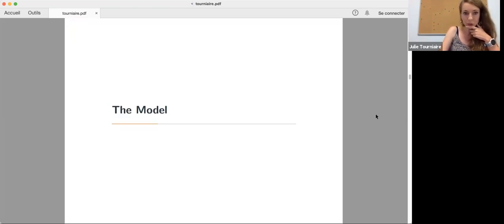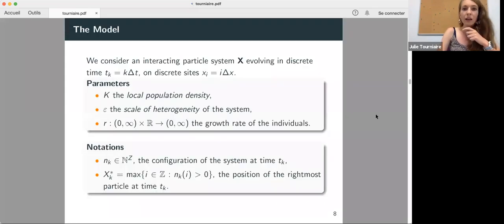So here is the model that we considered. It is an interacting particle system evolving in generations and on discrete sites. So we denote by delta t and delta x the time and the space step.